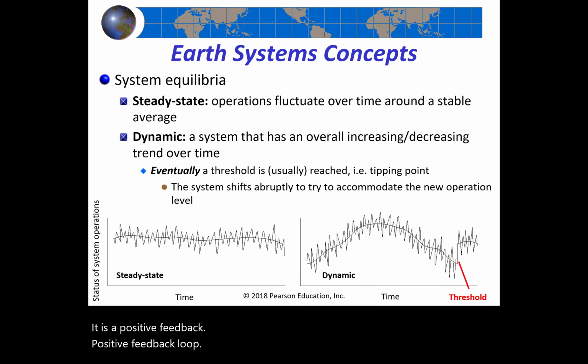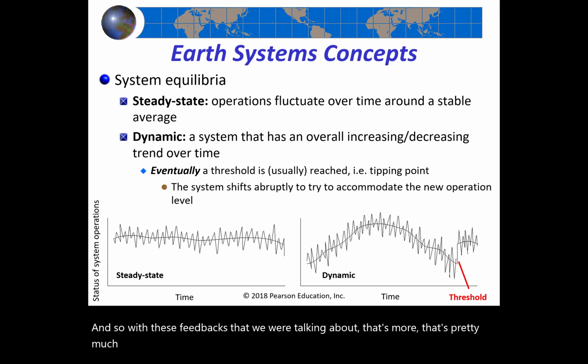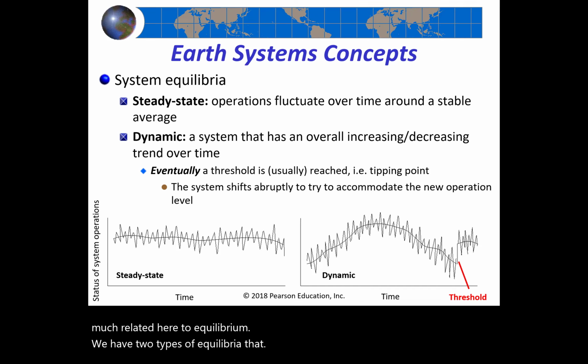One of the last things here in terms of Earth systems is the idea of equilibria within a system. And so with these feedbacks that we were talking about, that's pretty much related here to equilibrium. We have two types of equilibria that Earth systems operate under.